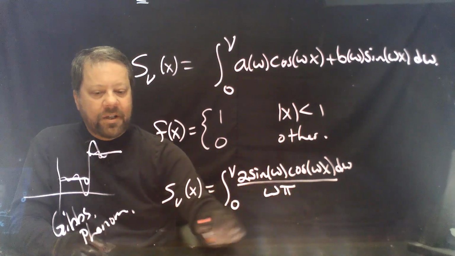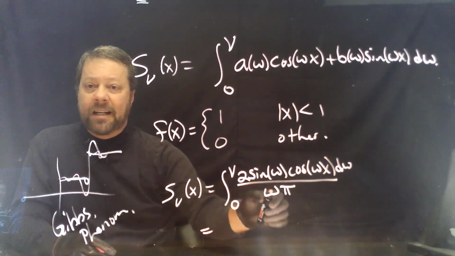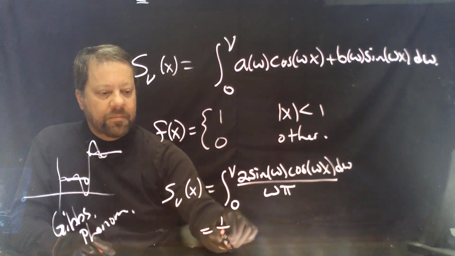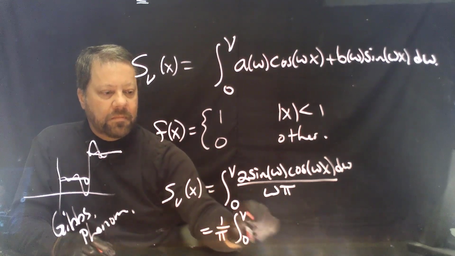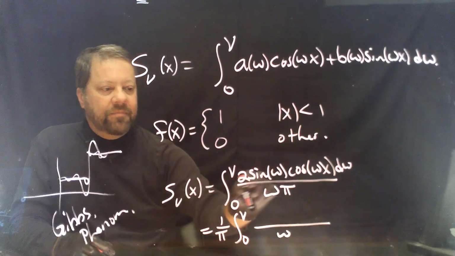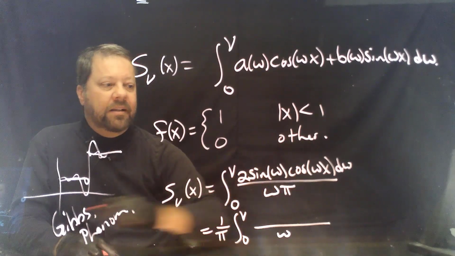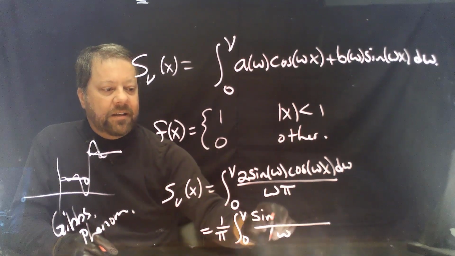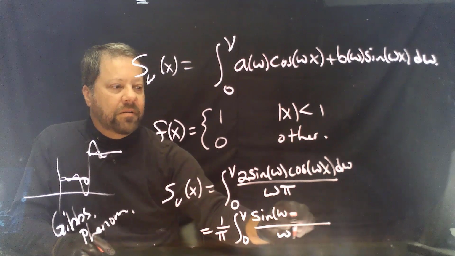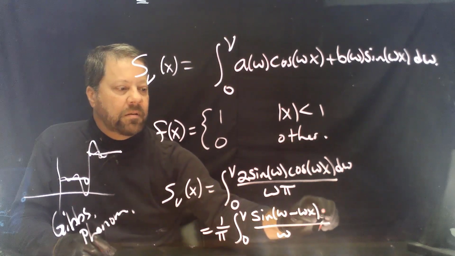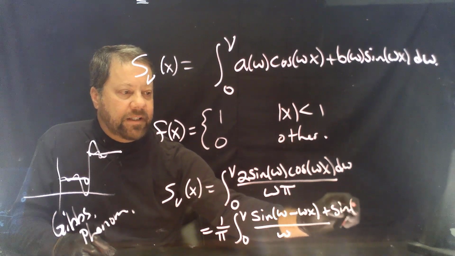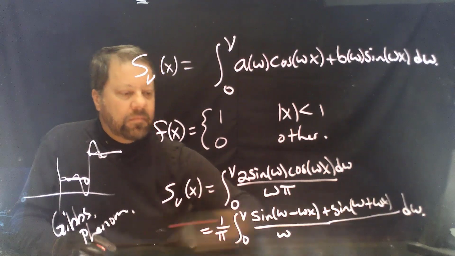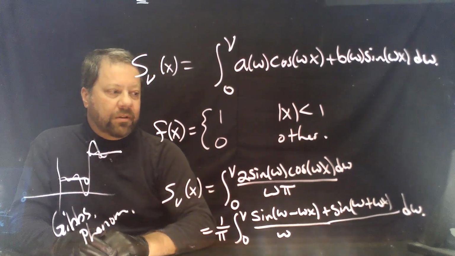Because it's sine and cosine, the product to sum identity will have this form. We'll still have this omega here. This 2 goes along with the sine times cosine. It's going to be the sine of the difference plus the sine of the sum. And we'll end up with 2 integrals.